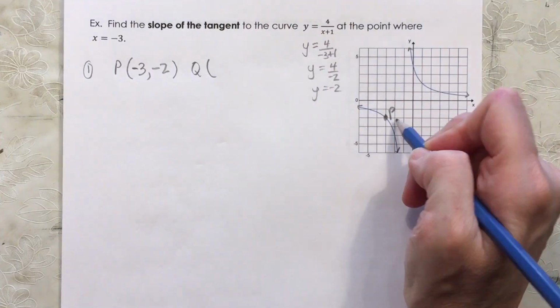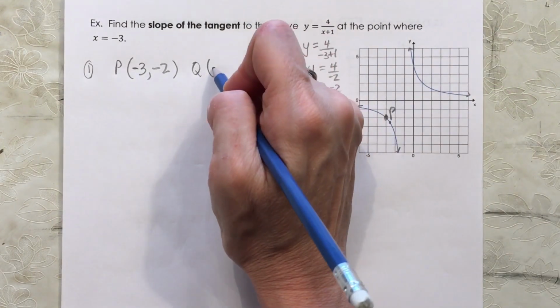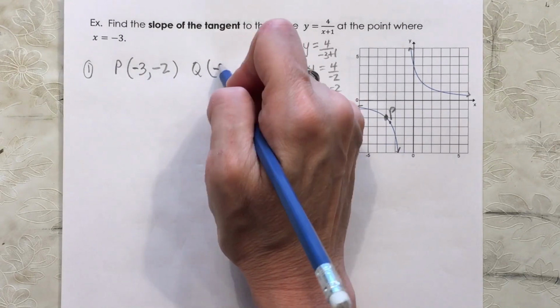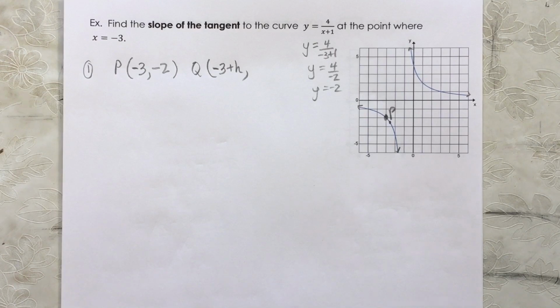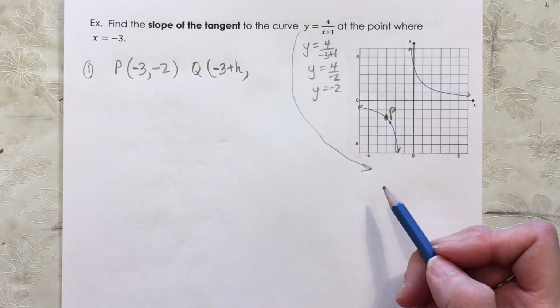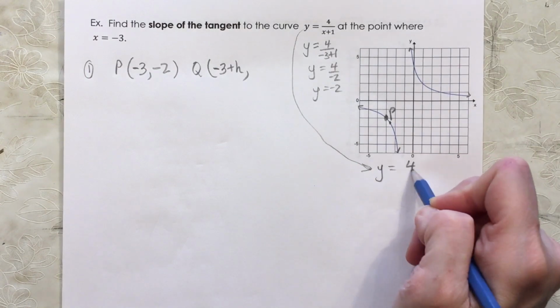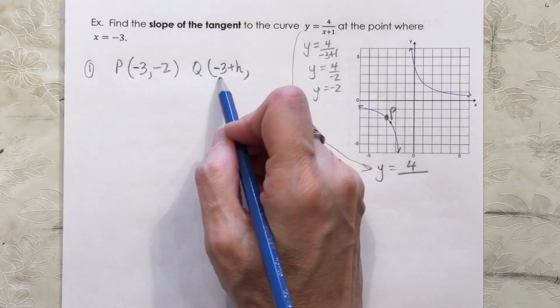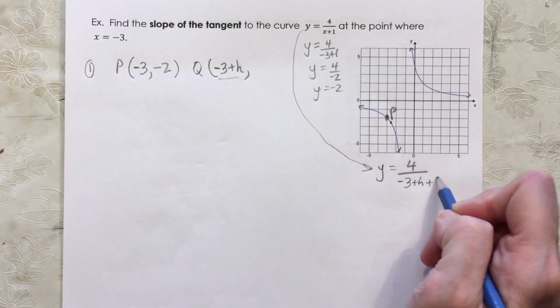Q then is going to be just a little bit to the right. Okay, so it's going to be at an x value of negative 3 plus that little bit h. And then again, we'll do a little bit of work over here to get our y value. So our y value is going to be 4 over our x, which is negative 3 plus h, plus 1.